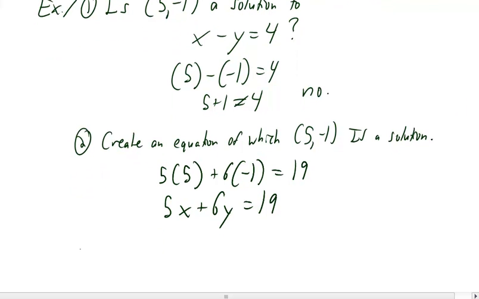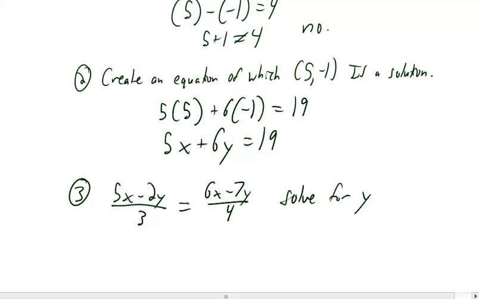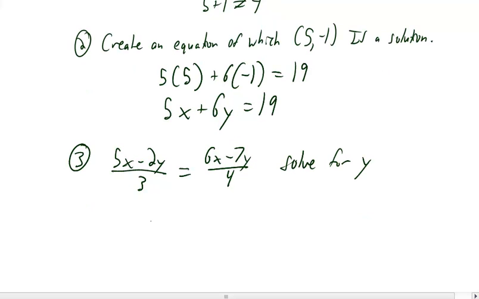Another part of this that's really important is to be able to solve for y. One example I could come up with would be (5x minus 2y) over 3 equals (6x minus 7y) over 4, and solve for y. This just means you want to get y by itself. Now, if you remember, we have two strategies for one like this. We could either find an LCD of 12 and multiply both sides by the 12, or because you have two fractions across an equal sign, you can cross multiply and set the two cross products equal to each other.